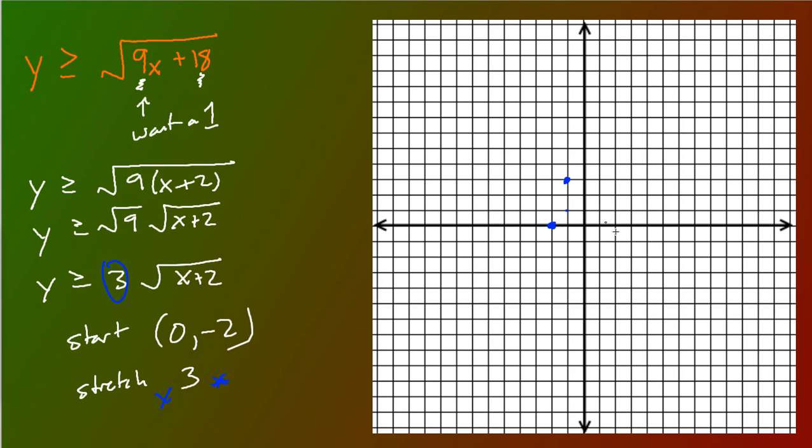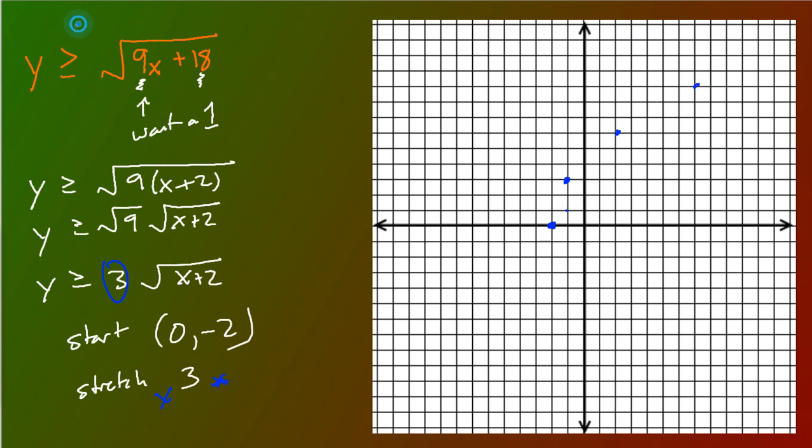If I go right 4, square root of 4 is 2, but times my stretch of 3 is 6. So I'll go up 6. 1, 2, 3, 4, 5, 6. If I go right 9, square root of 9 is 3, but times my stretch of 3, up 9. So 1, 2, 3, 4, 5, 6, 7, 8, 9, right there.